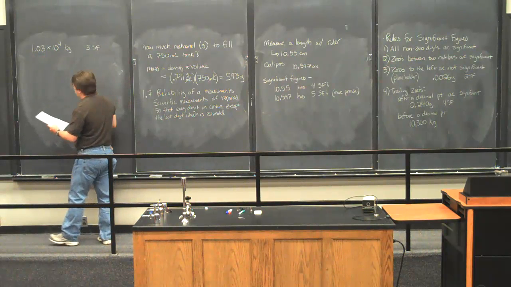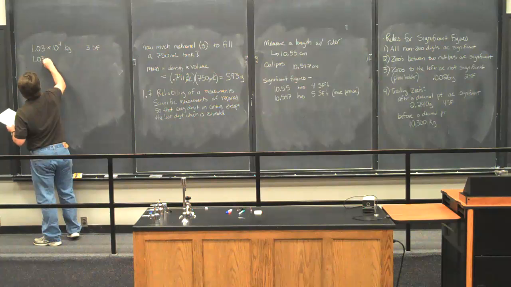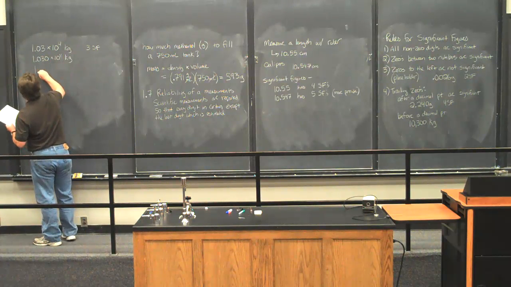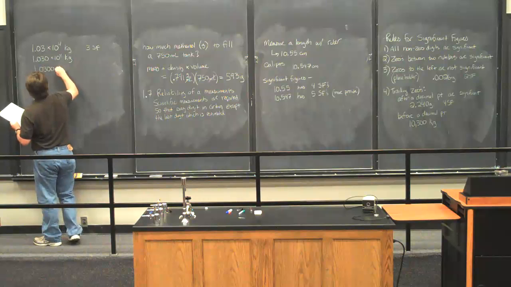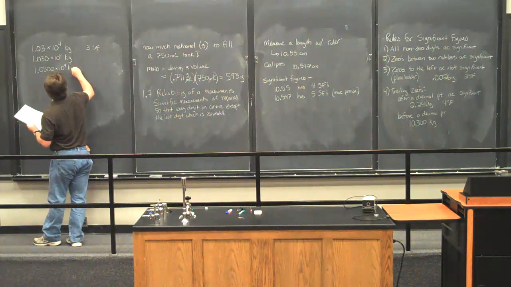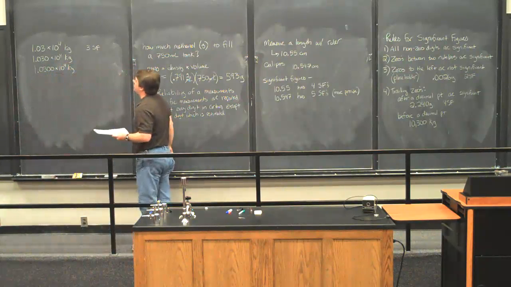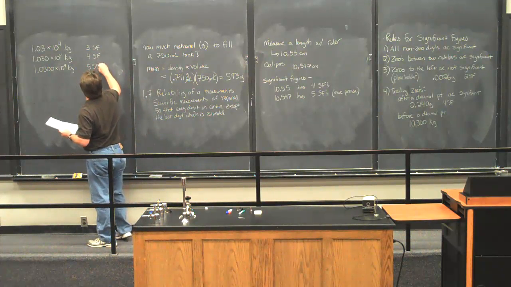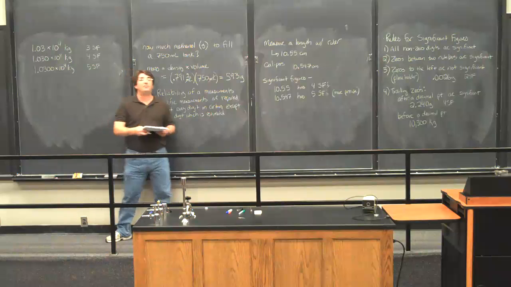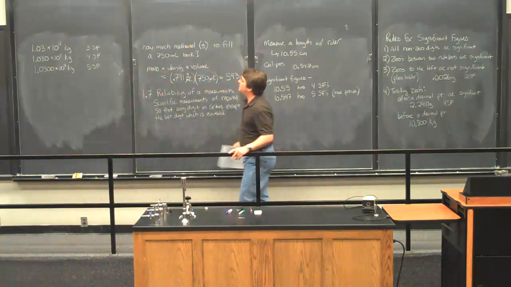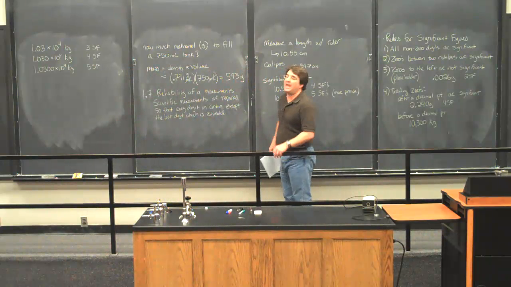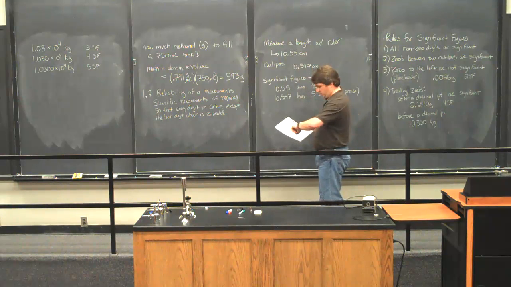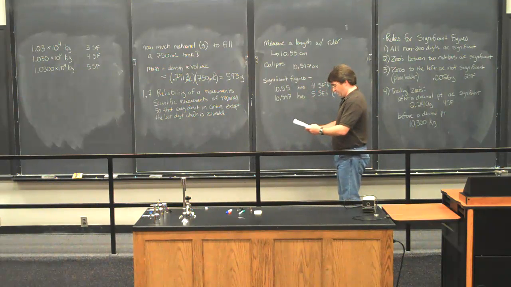If I wanted to write this as 4 significant figures, I would write that 0, or as 5, I would write it as 1.0300. So this is 4 significant figures and 5 significant figures. Because remember, these trailing zeros after the decimal point are significant. They indicate you measured. So try not to leave any ambiguity as to whether a digit is significant or not, because it's important to the reliability of your measurement.